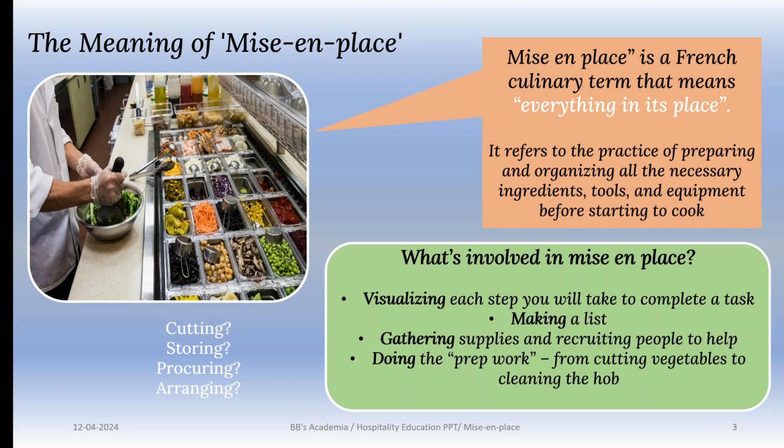It is not only cooking, it includes procuring, cutting, and then cleaning the hob after utilization in the preparation of the food. That is the doing, what is to be done. And finally arranging everything within reach or nearby before you actually commence your task of preparation.